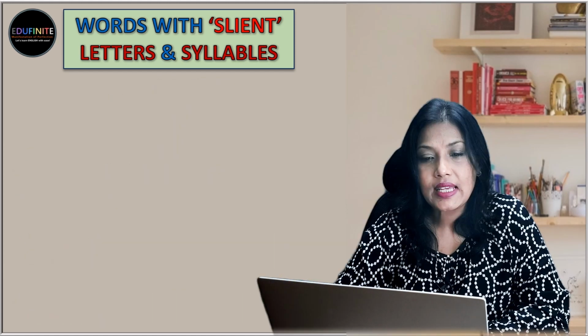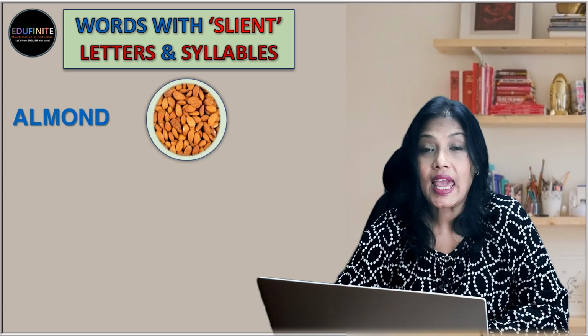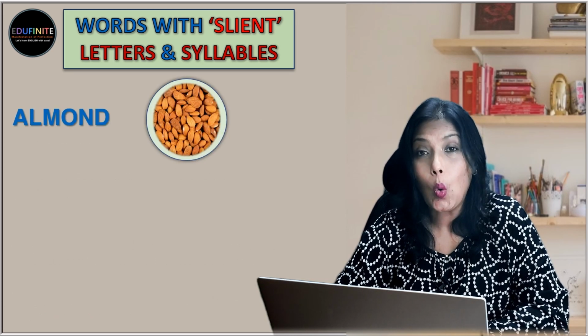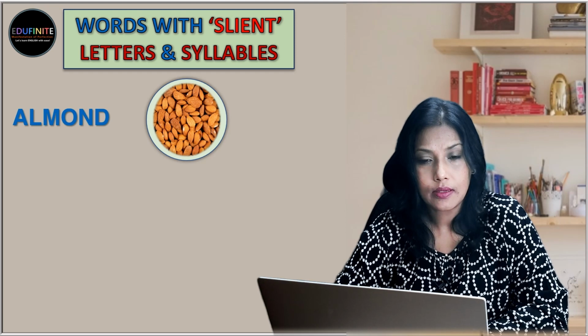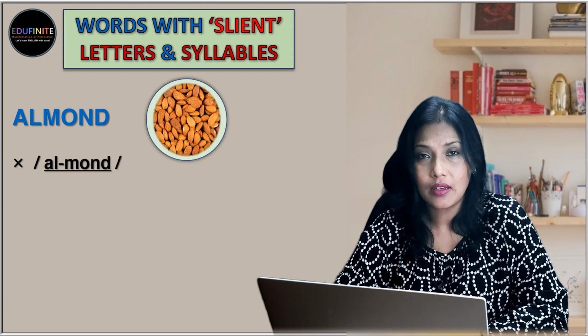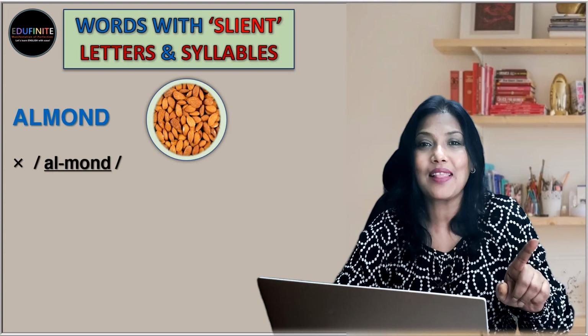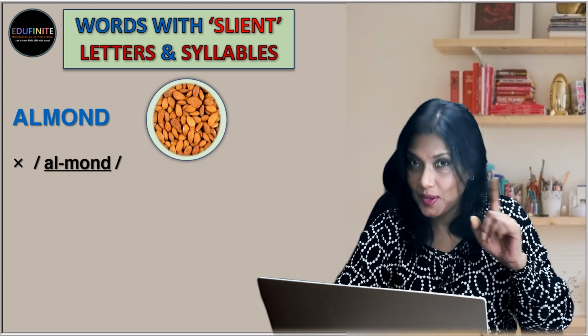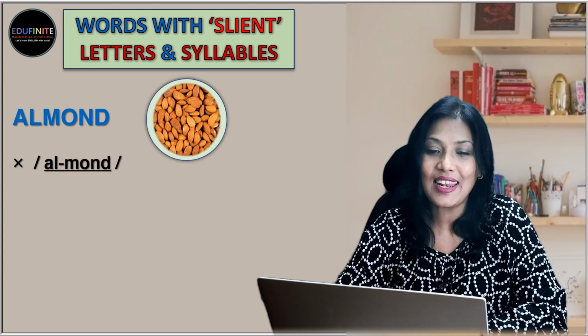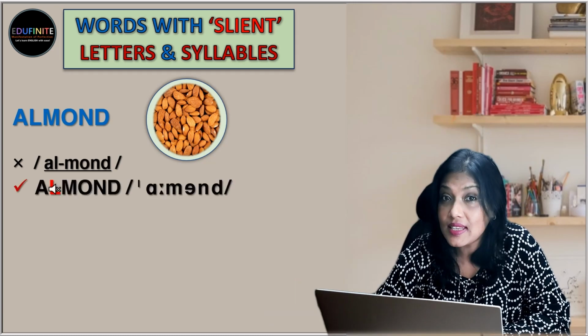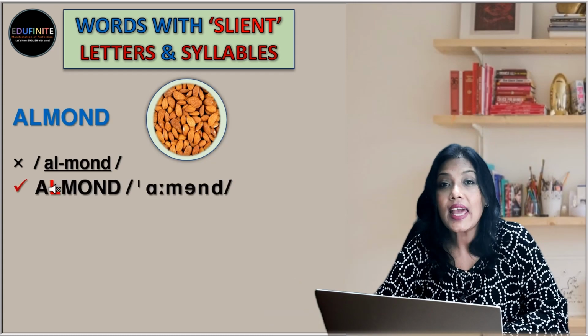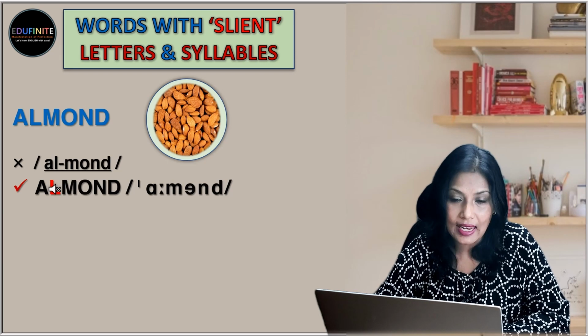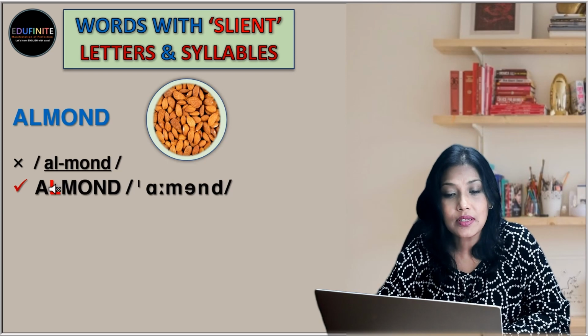Well, the next one is A-L-M-O-N-D. Yes? What's so great about this word? Yes, it's almond. No, my dear, it's not almond. Why? Because there is a silent letter. And what is that silent letter? L. The L over here is silent. So how do we pronounce it?